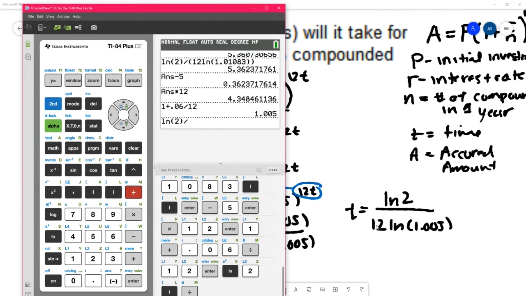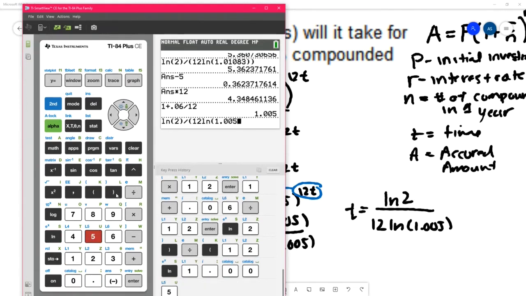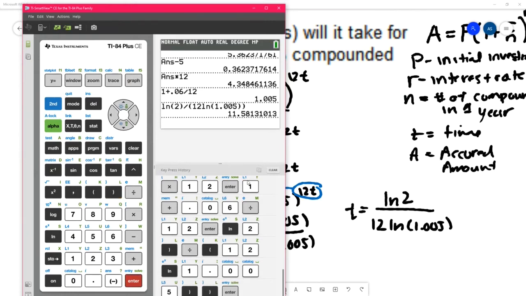But in the denominator, I have 12 and natural log of 1.005. So I need parentheses so the calculator knows that both of those things are in the denominator. So 12 natural log of 1.005, and closing parenthesis for the log, and again for the whole denominator. So we've got 11.58.